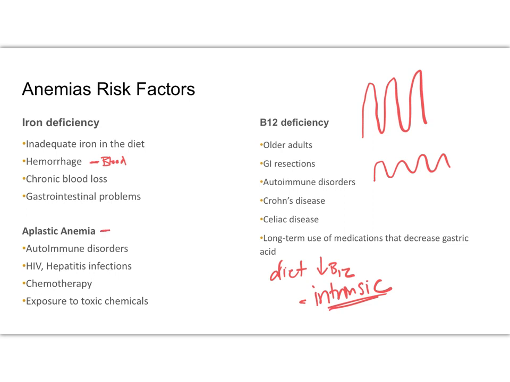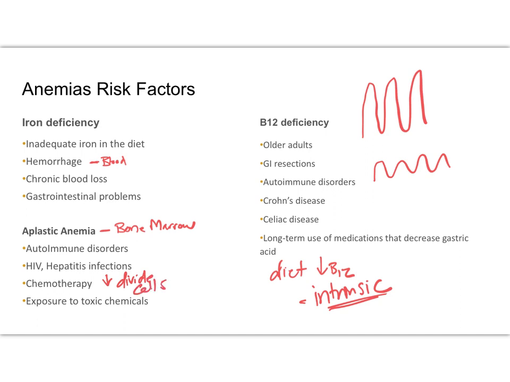Aplastic anemia, remember, is an issue with the bone marrow itself. This can be an autoimmune issue, or because of exposure to chemicals that are impacting how that bone marrow functions, or because we're giving a treatment such as chemotherapy that then suppresses the bone marrow, because chemotherapy decreases proliferation, or the dividing of cells.